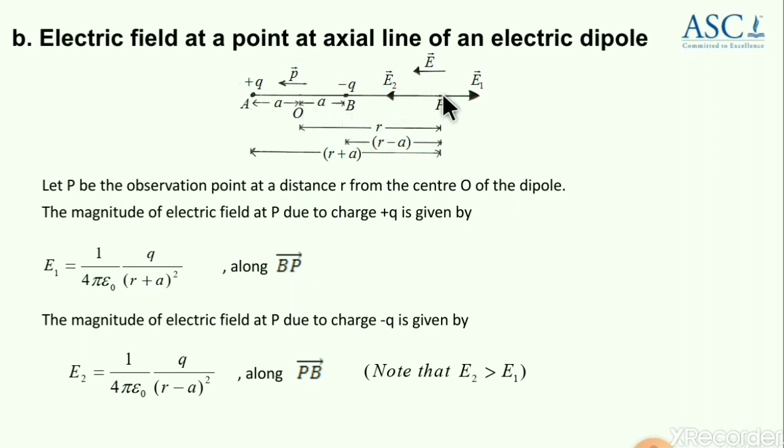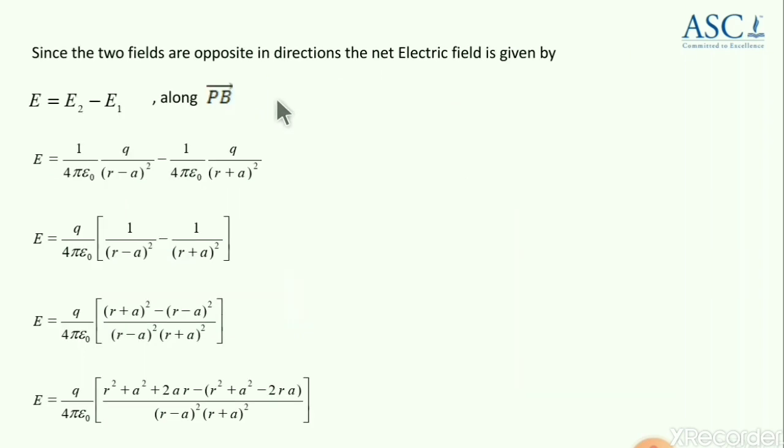Suppose on the axial line you have the option of taking the observation point anywhere. So if the distance r is too large and this distance a is too small, like for example this is some 10 meters, this is 0.1 meter.